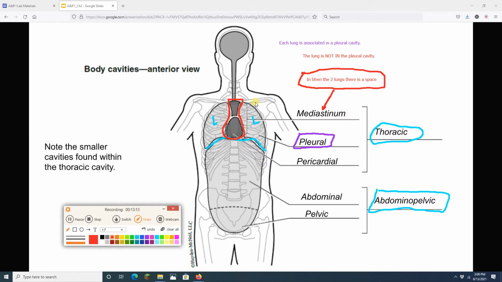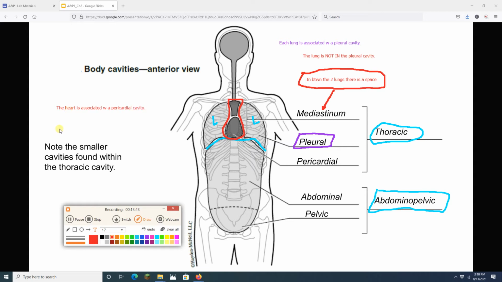Anyway, the space in between the two lungs is the mediastinum. We're going to find the esophagus there. We're going to find the trachea there. We're going to find the heart there. And the heart is associated with its own cavity, the pericardial cavity.